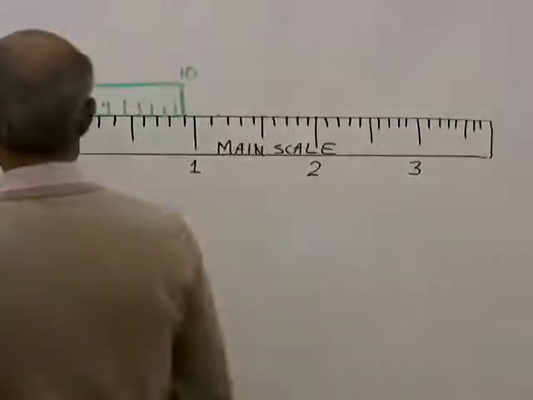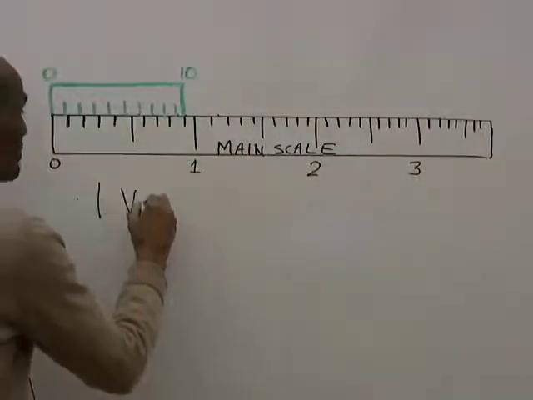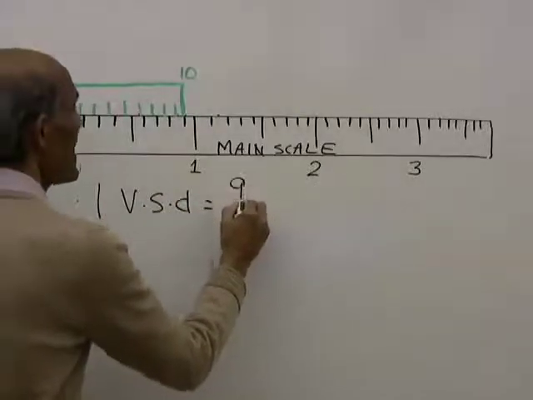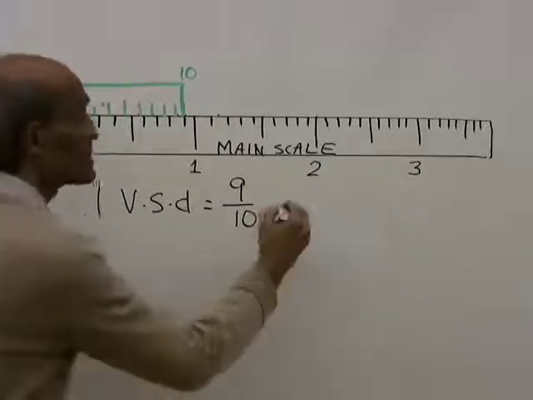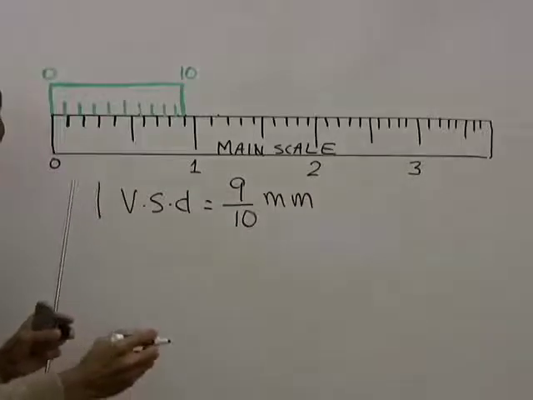Well, one vernier scale division is 9/10 of a main scale division, which is 9/10 of a millimeter.